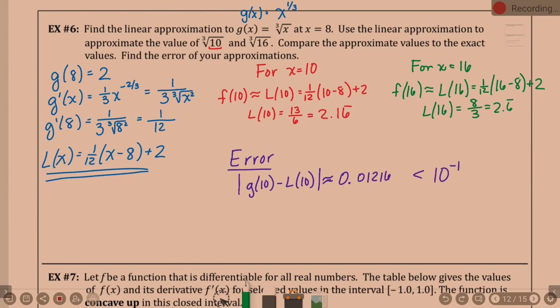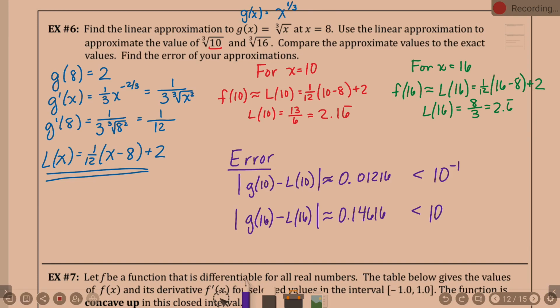So you can repeat this process for your error, that is, f of 16 exact minus your approximation at 16. My note said 0.14616.